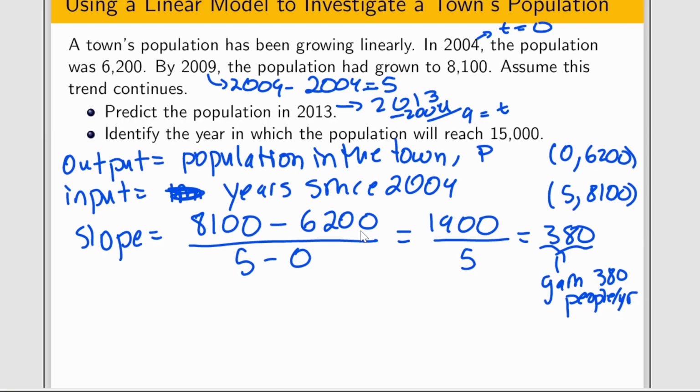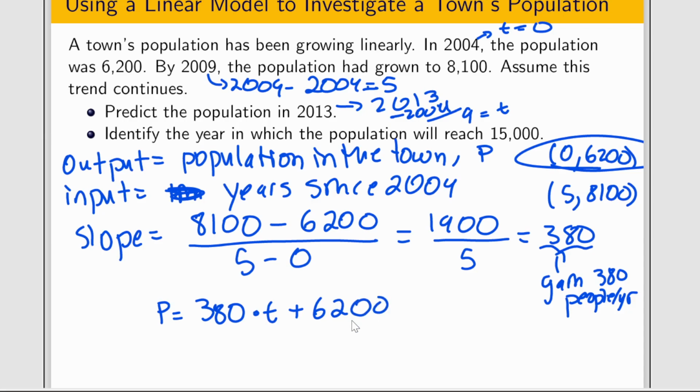We also have our y-intercept. What was our y-intercept again? It was how many people were there in 2004. So our total equation is population equals 380 people times the number of years since 2004 plus 6,200. In 2013, that would be 380 times 9 plus 6,200.